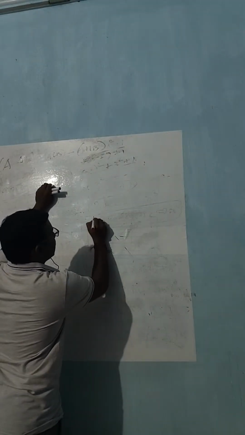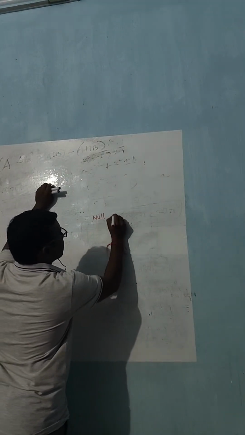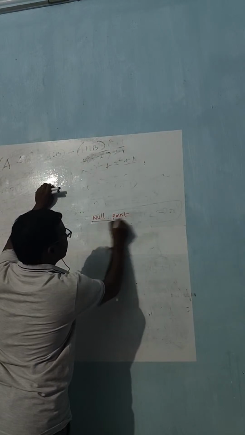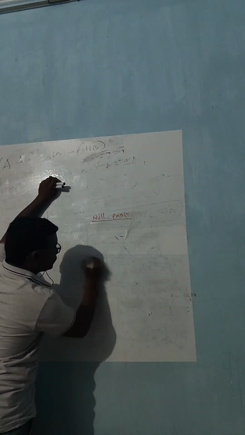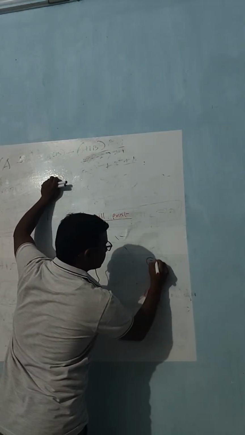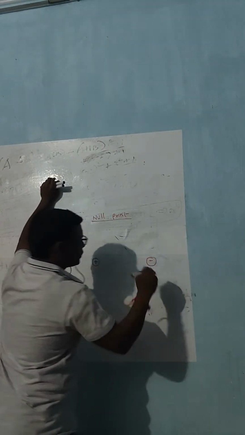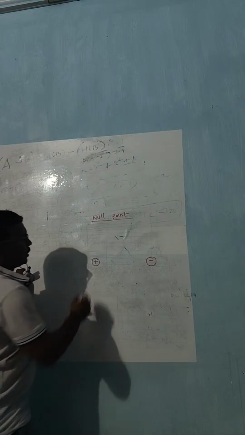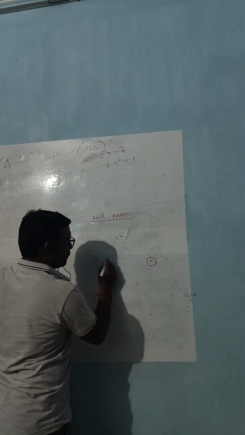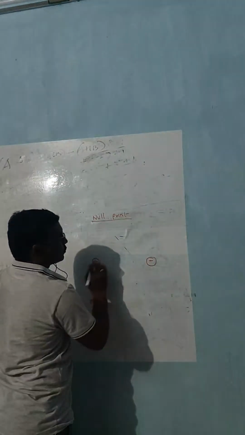This is the null point, this is a positive charge, this is a negative charge, or positive charge, whatever it may be. Due to this, there is an electric field between these two.